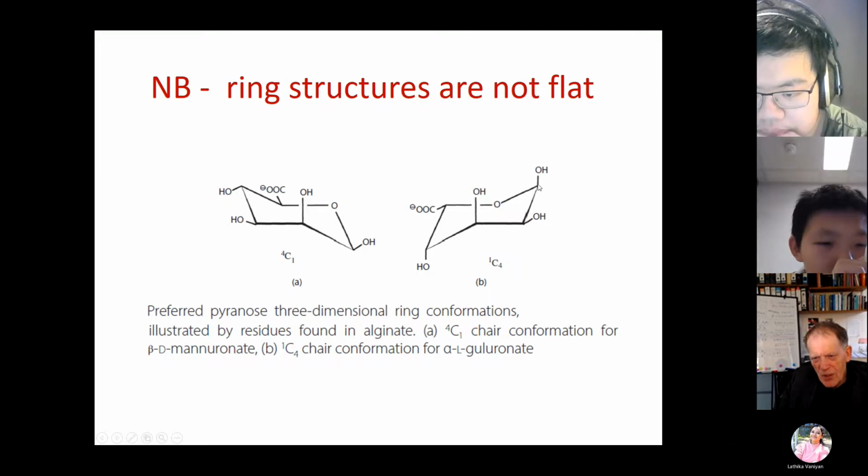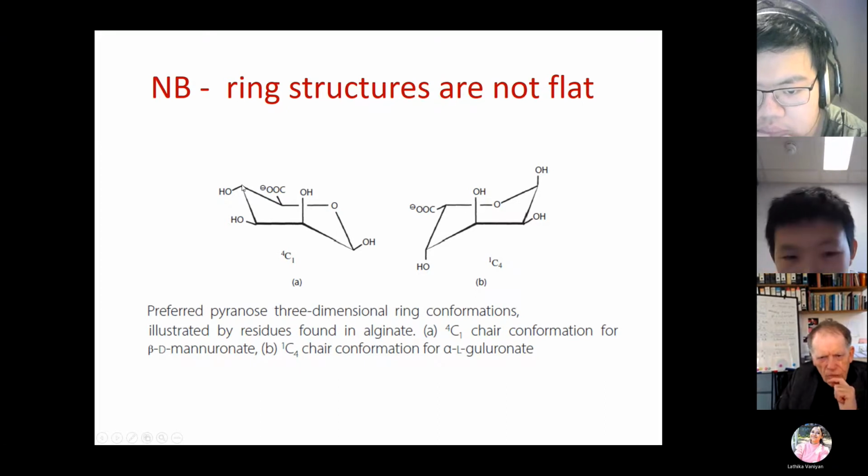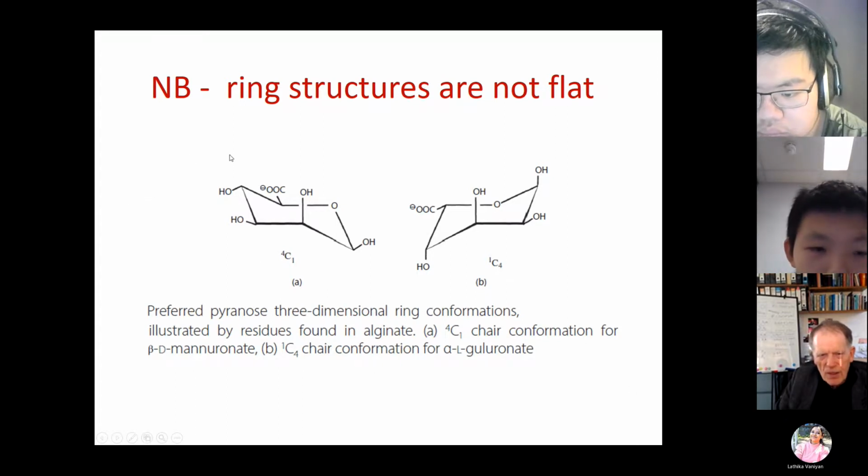So that, if you like, is the top of the chair, and this is the bottom. And in this case, we start off with carbon atom number 4. 1, 2, 3, 4 at the top of the chair. This is a 4C1 structure, and this is a 1C4 structure. So although we draw rings as planar structures, they're really not flat.